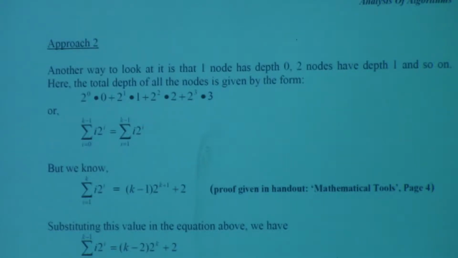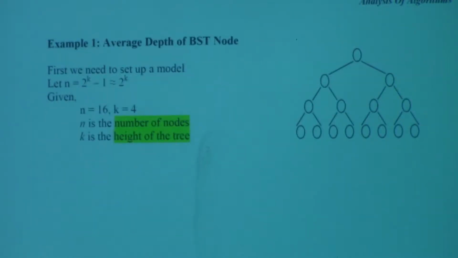Now, what is k again? k is the height of the tree. However, we're more interested in the number of nodes. The number of nodes is approximately 2 to the k, or 2 to the k minus 1. It's only a difference of 1. As k gets bigger and bigger, that minus 1 is nothing.